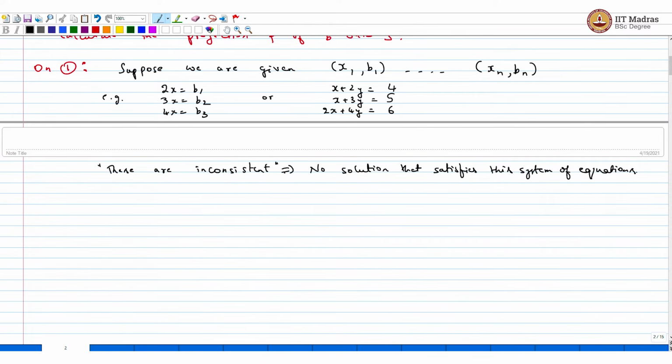Now if you want to look at the matrix view, you can make up a system of equations Ax equals B, and it is inconsistent if B does not belong to the column space of A.